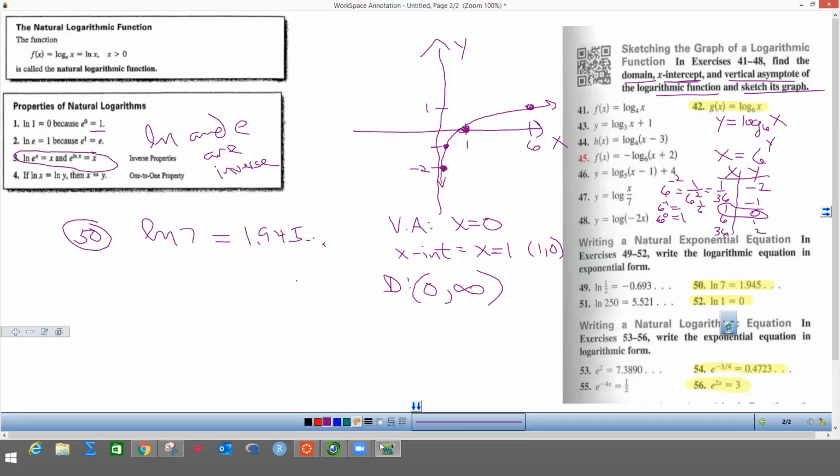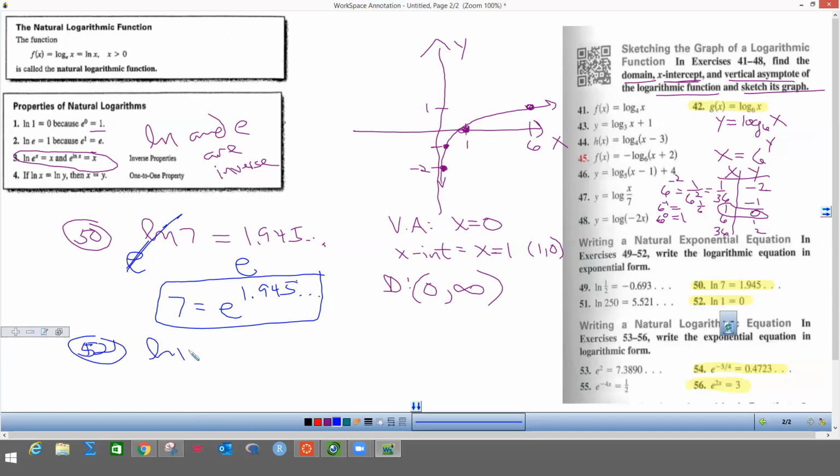So what we want to do is make e raised to that power, and over here e raised to that power. This e and ln cancel each other out. So this is just 7, and this is e raised to the 1.945 power. This is the exponential form for Euler's number. That's our answer.